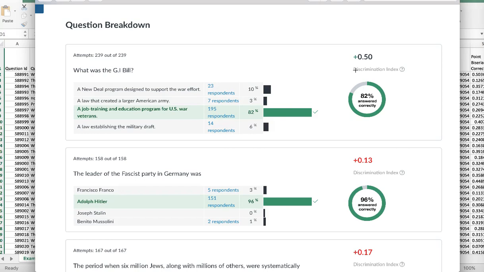You don't want the question to be as likely to assess understanding as if it was just random. So you want it to be able to discriminate. Now, we're not talking about the type of discrimination meaning prejudice. We're talking about discrimination meaning telling the difference between and identifying differences.